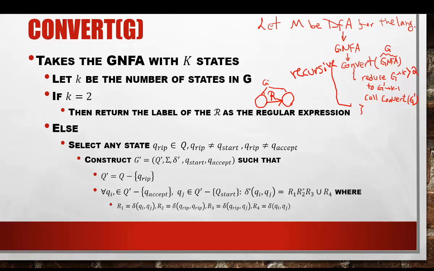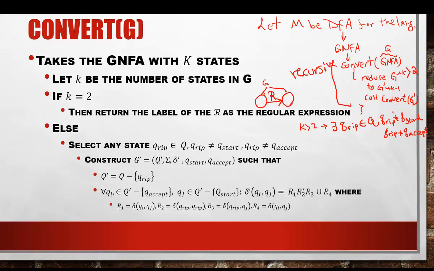If G had more than 2 states, then what we will do is take one of those states as Q rip, with only one caveat: this Q rip must not be the start state or the accept state. So if k is greater than 2, then there exists a state Q rip from the set of states such that Q rip is not Q start and Q rip is not Q accept.